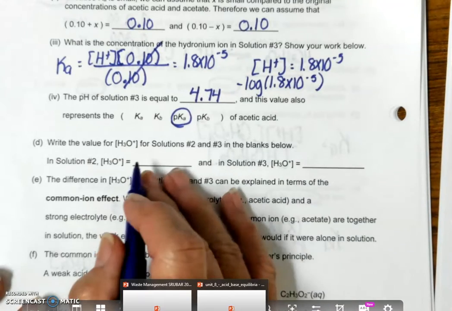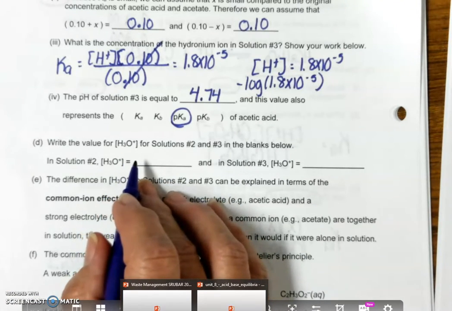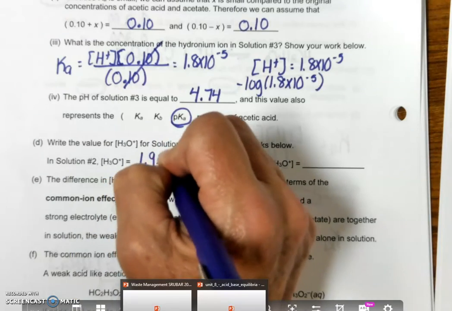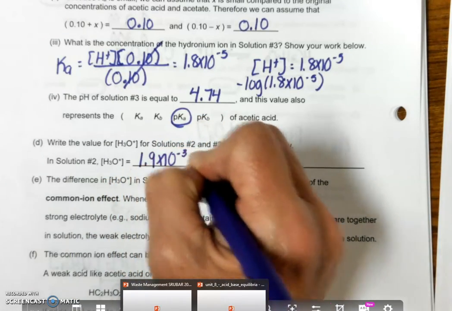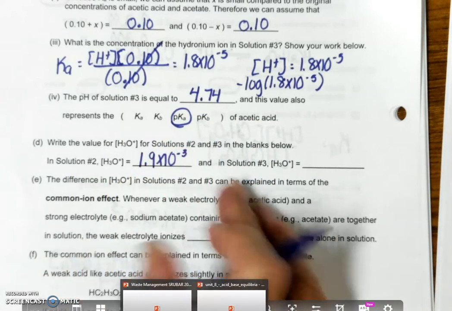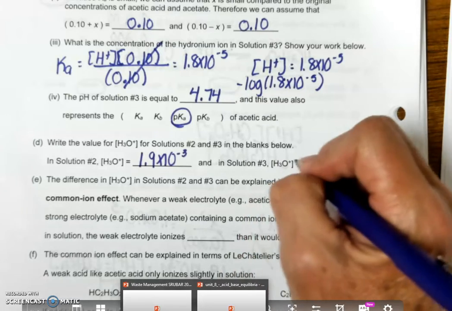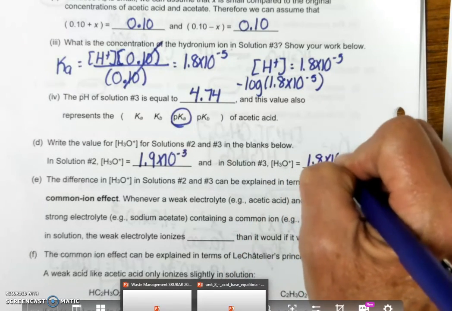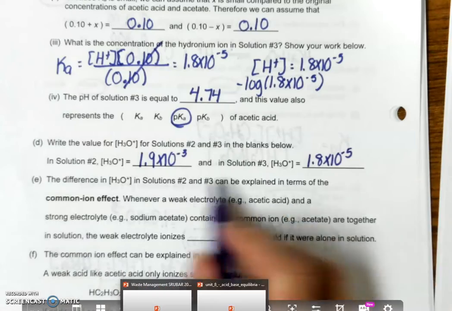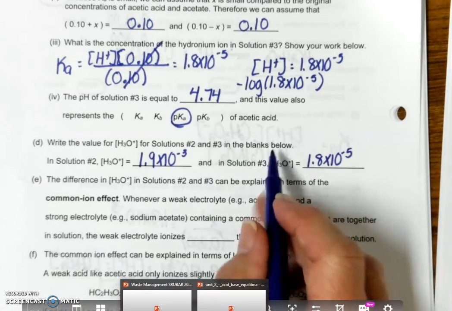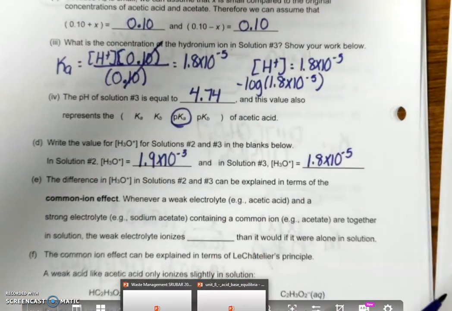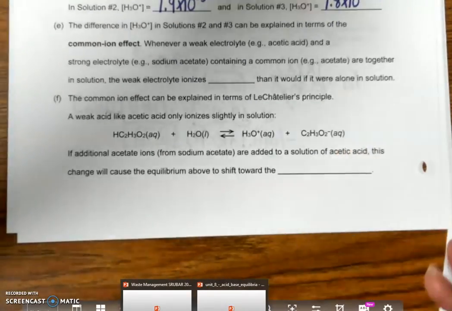Now, the hydrogen ion concentration for solution 2 we calculated as 1.9 times 10 to the minus 3. That was the calculation we did on the previous page. The calculation for the hydrogen ion here is 1.8 times 10 to the minus 5. Look what's happened. The concentration of hydrogen ion has gone down when we added the common ion.